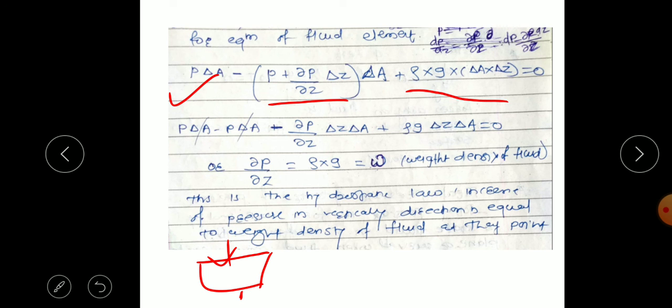Cancelling each term, we get delta P by delta Z equal to rho g, and rho g is nothing but the weight density of the fluid. So that is the hydrostatic law.